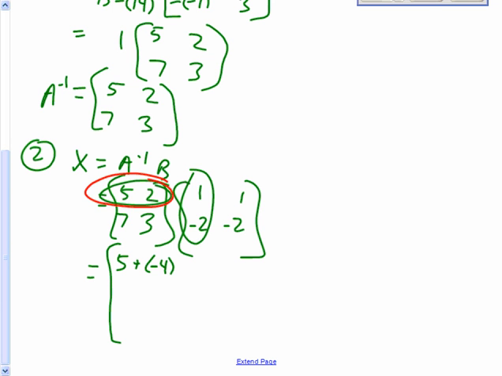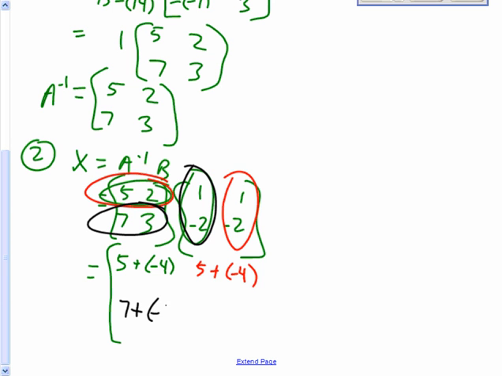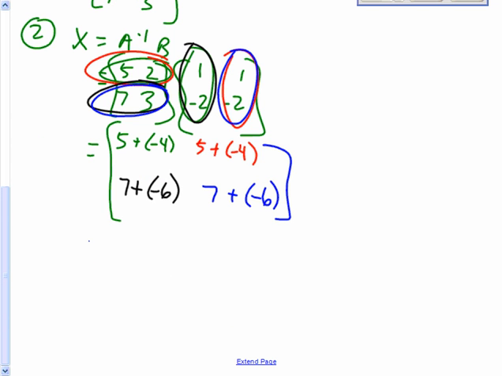Now we go 5 plus negative 4 again. Then 7 plus negative 6. Finally, 7 plus negative 6. This ends up being 1, 1, 1, 1. How about that? That's matrix X. 1, 1, 1, 1.